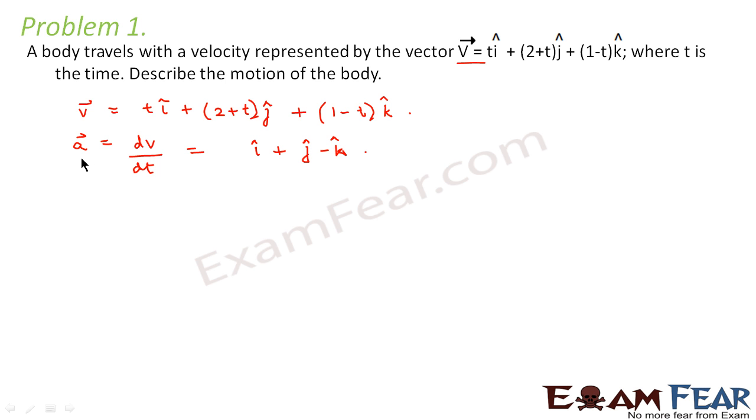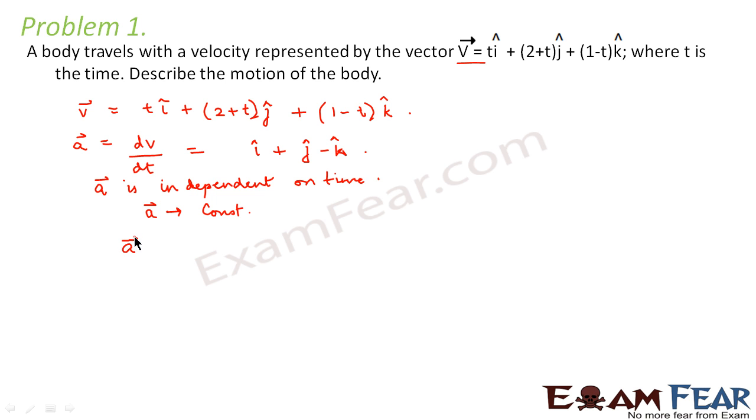So this would be the value of acceleration at any instant of time. Now what do we see? We see that acceleration is independent of time. It does not depend on time. Therefore, we can say that acceleration is constant because it is not dependent on time. So it will have a constant value.